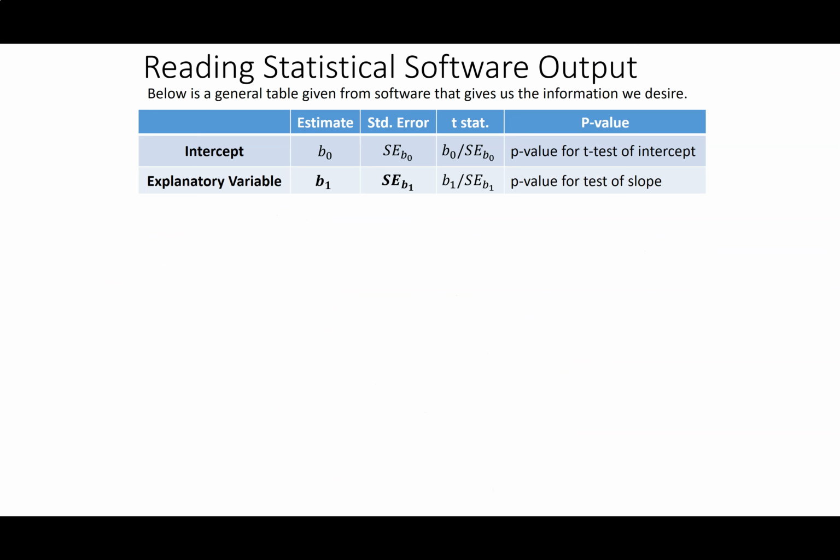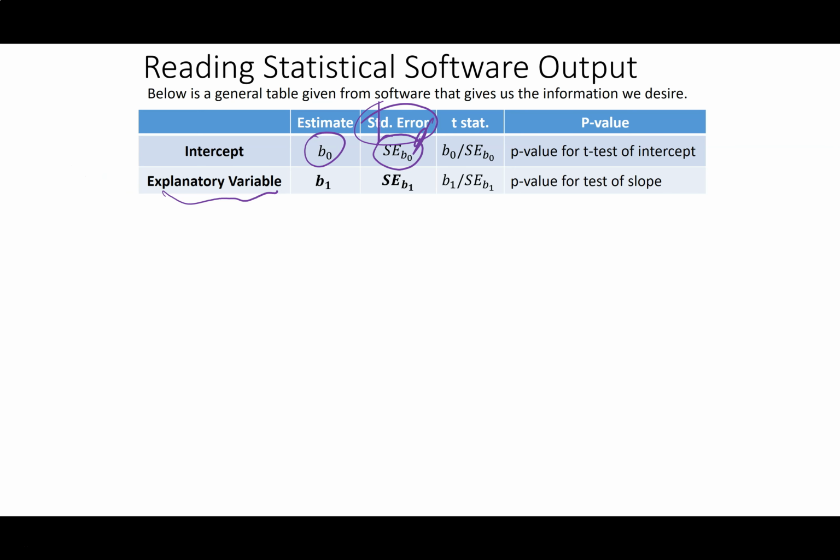So here, this is my y-intercept, so this is B0. There's the standard error for B0. And then explanatory variable, so what will be there is the name of your explanatory variable. So like in ours, it would say high school GPA, something like that.